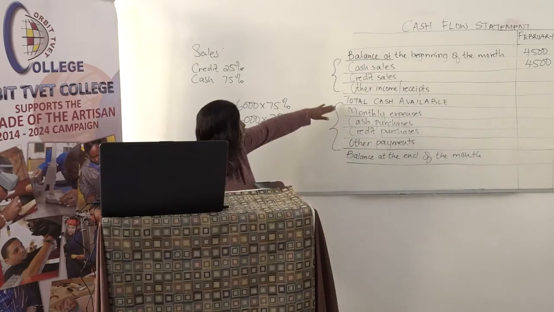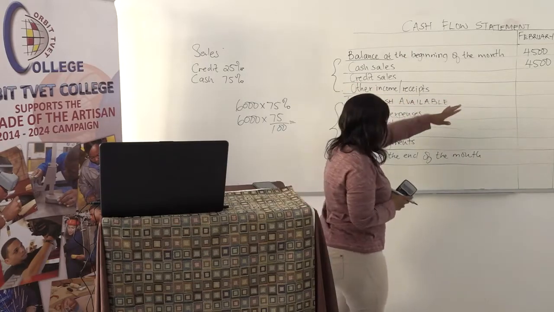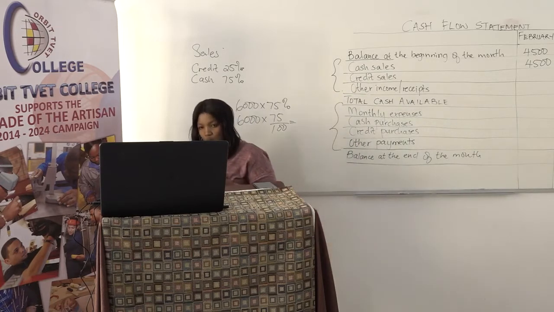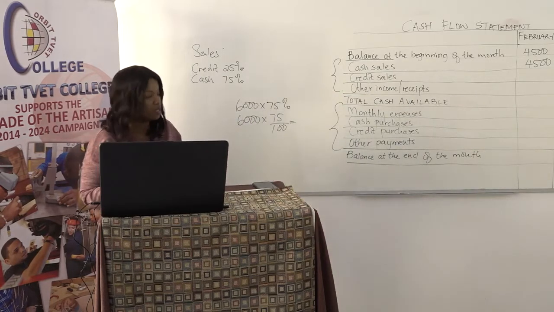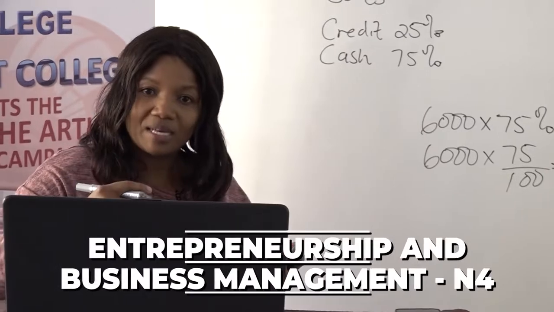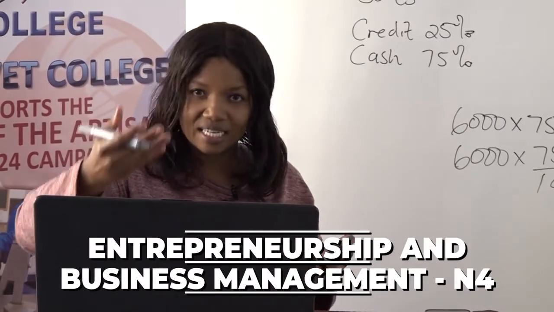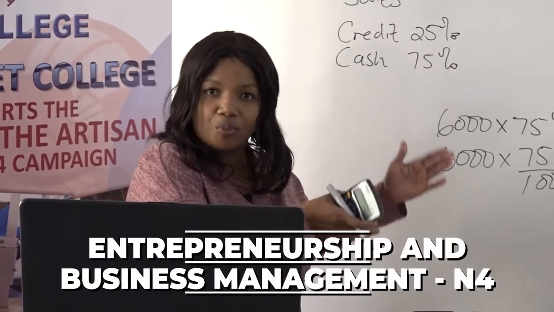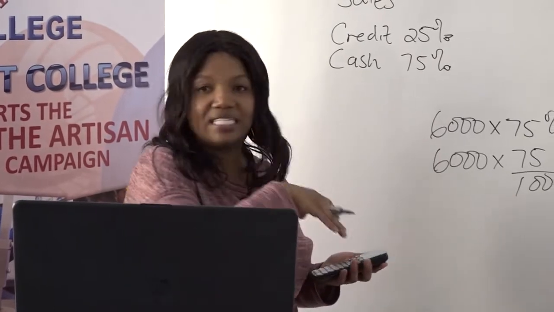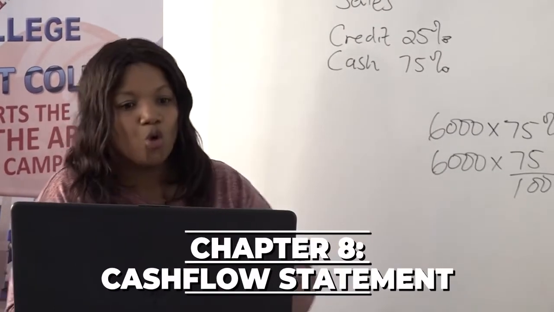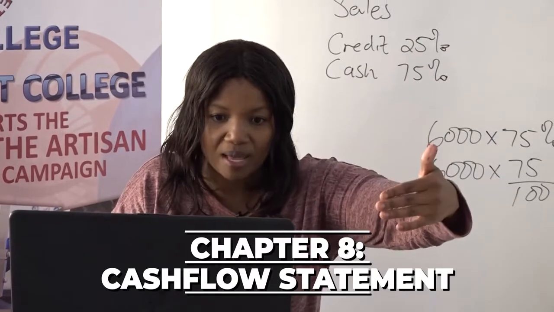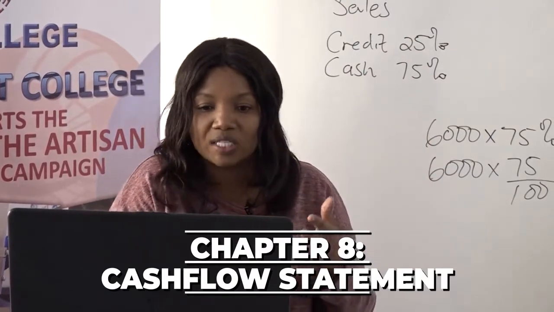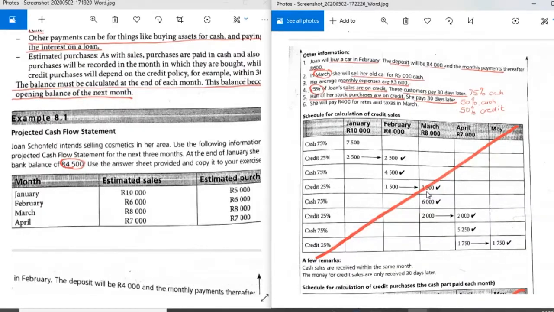We have to calculate the credit sales for the month of February. Now, here is what makes students confused. Remember they said customers pay 30 days later, meaning that whatever was bought in January is going to be paid in February. So we need to go back to the previous month of January to check how much was our estimated sales so that we can calculate the 25% that is to be paid in February.